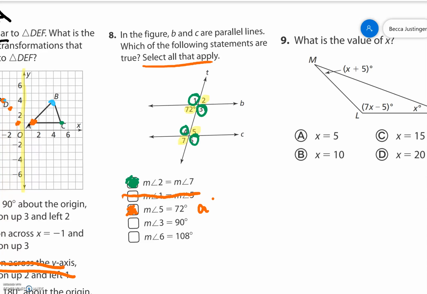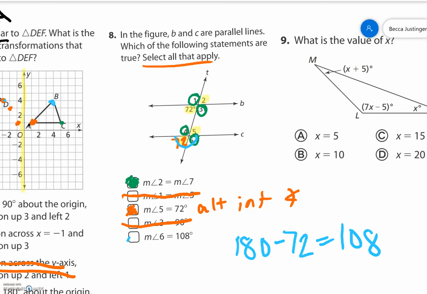Yes, those are called alternate interior angles. Is measure of angle 3 equal to 90? No. Is measure of angle 6 equal to 108? I'm not sure. I know this one's 72. And I know that together, these two angles are supplementary. So let me see. 180 minus 72. Look at that. 108.